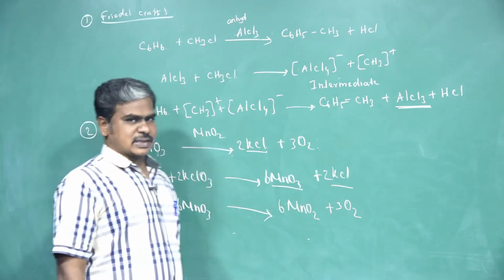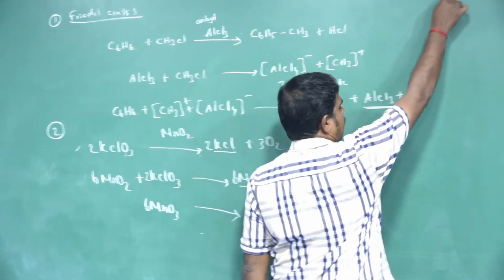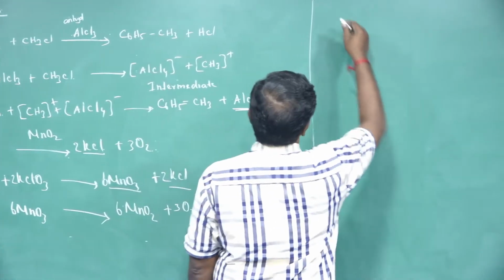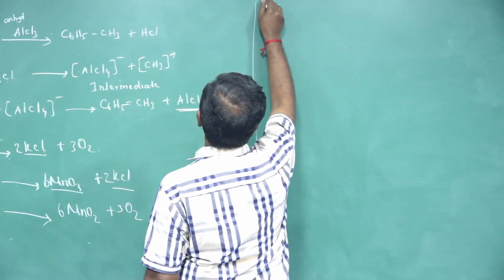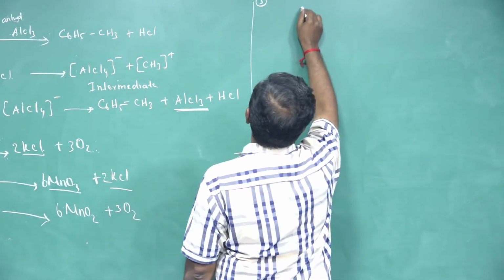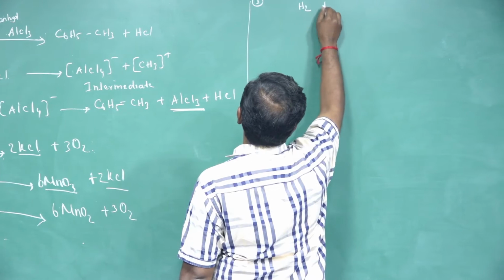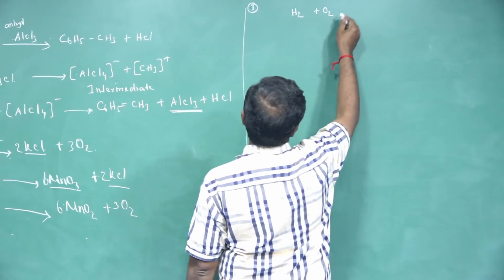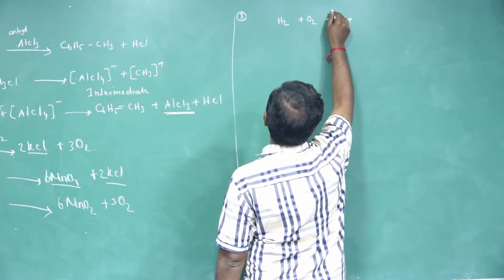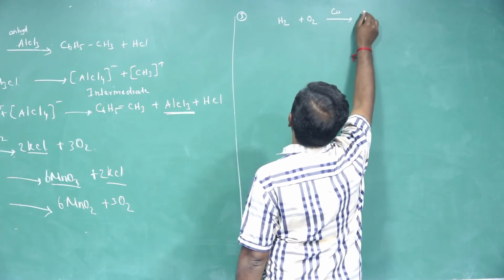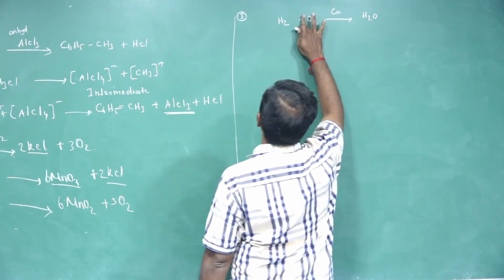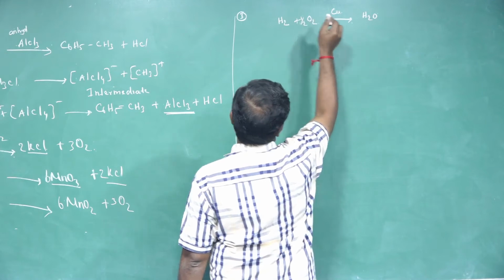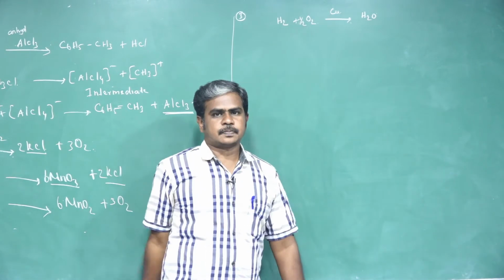And the next example, we are taking oxidation of hydrogen. So we take hydrogen and it reacts with oxygen in presence of copper and forms H2O. So we take 2H2 and O2.